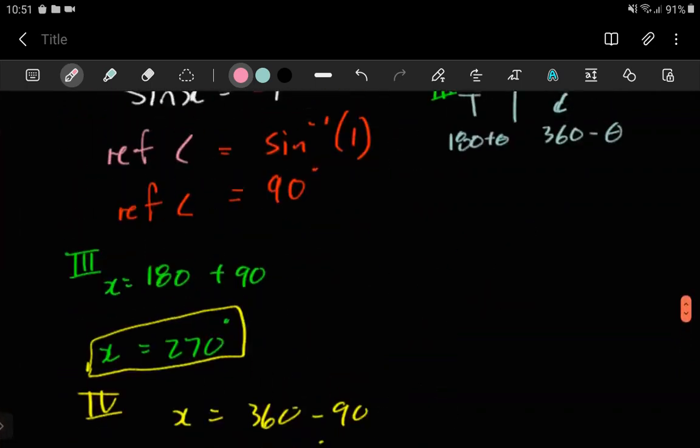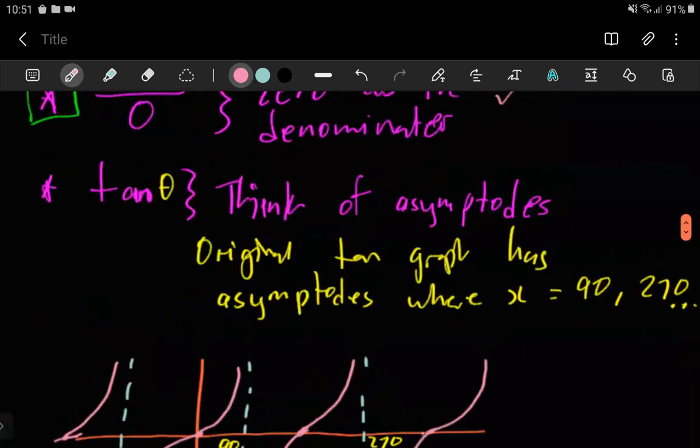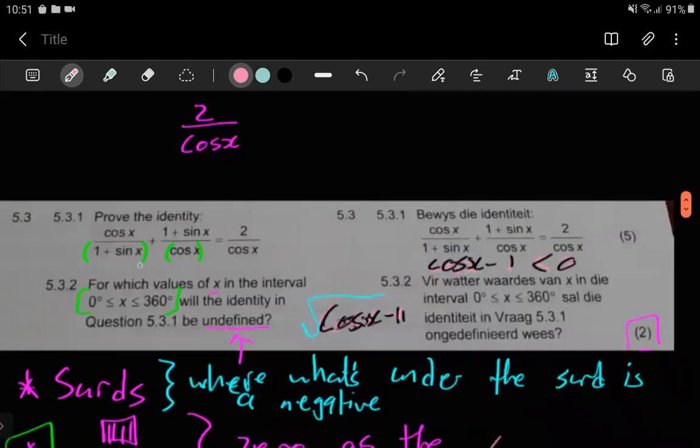If we put 270 into our expression, 1 plus sine 270 gives us 0, so that would cause us to get something undefined. And if we had cos 270, it's also going to give us 0, so our expression would be undefined. So yeah, that's for 5.3.2.